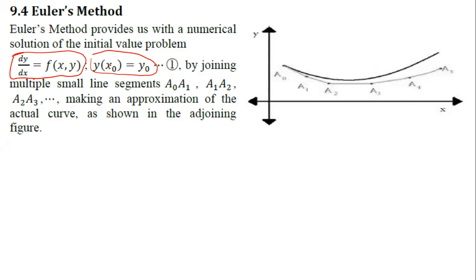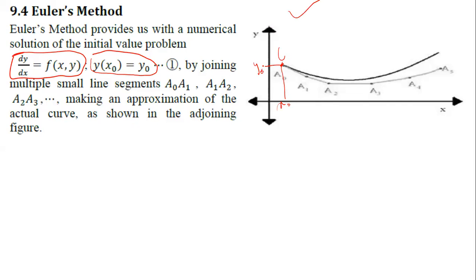The Euler approach is a very simple approach in the sense that it uses the equation of a straight line as a technique for finding a solution. Let's say we have an initial point here. If you look at this graph, this is our initial point: your x naught is here, and your corresponding y naught is here.